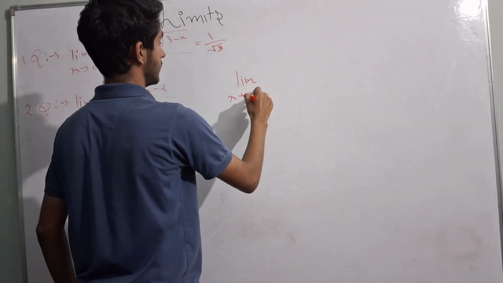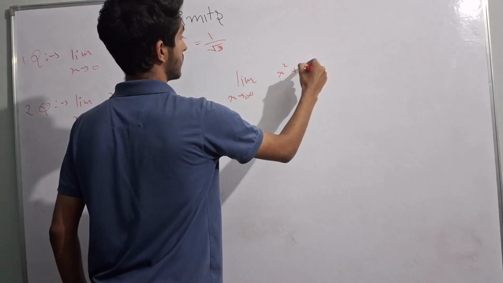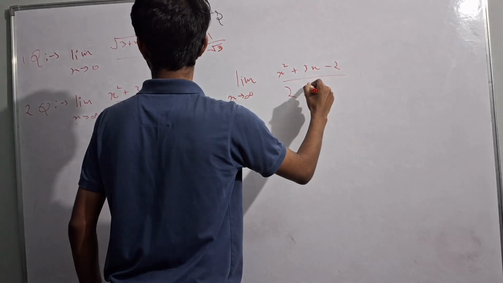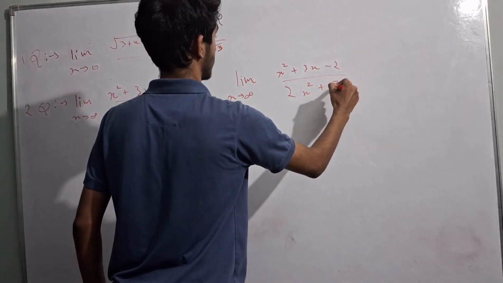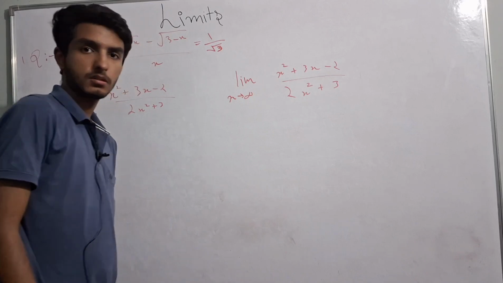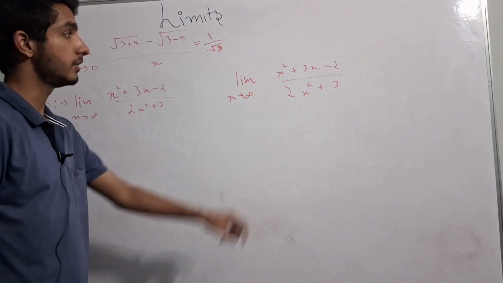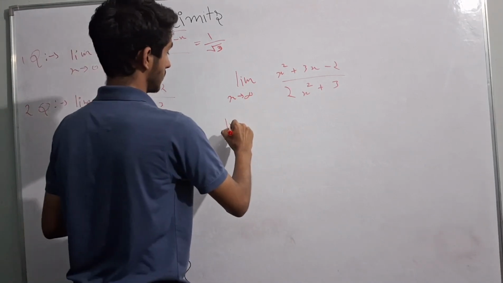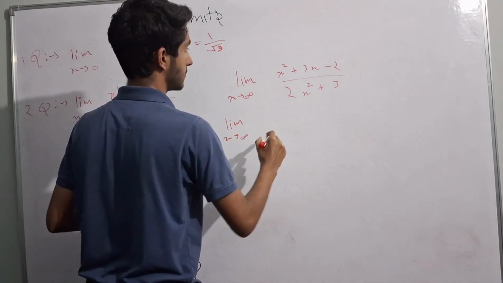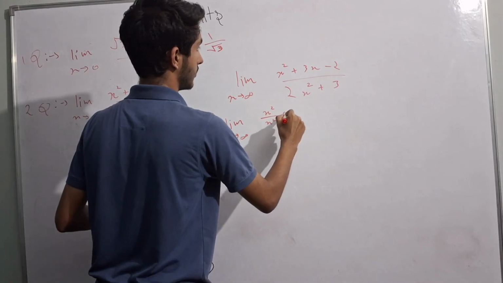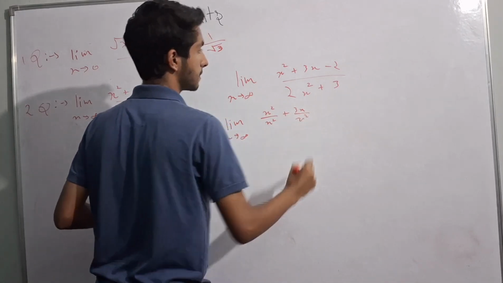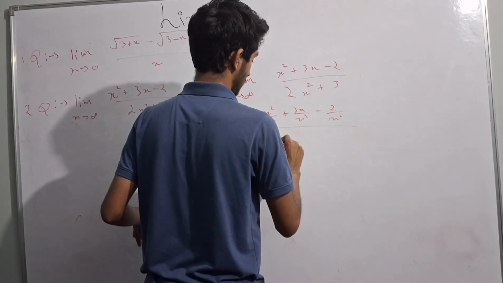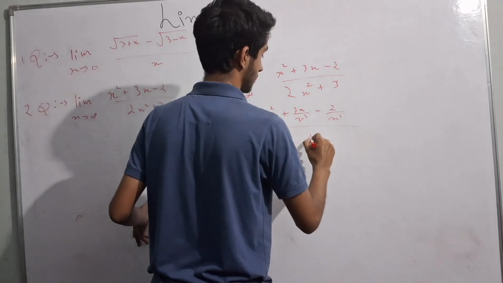Limit x tends to infinity, (x square plus 3x minus 2) upon (2x square plus 3). So we will divide the numerator and denominator by x square. So we get limit x tends to infinity, x square by x square plus 3x by x square minus 2 by x square, upon 2x square by x square plus 3 by x square.